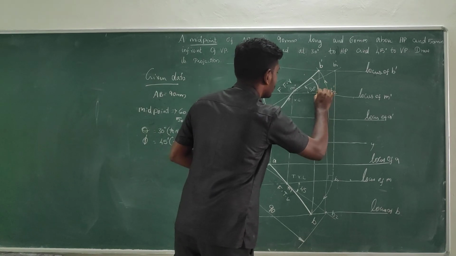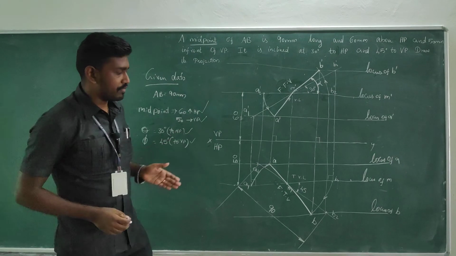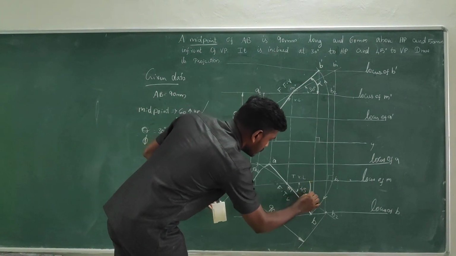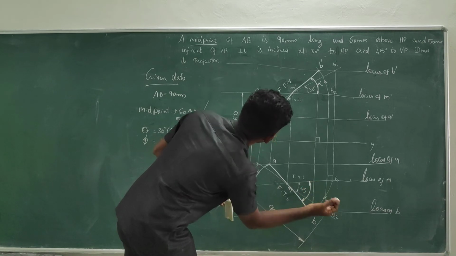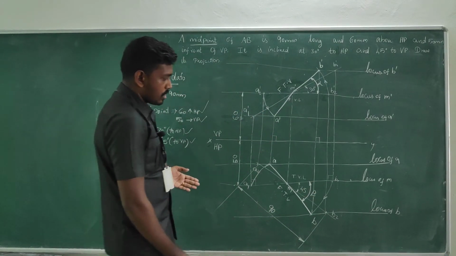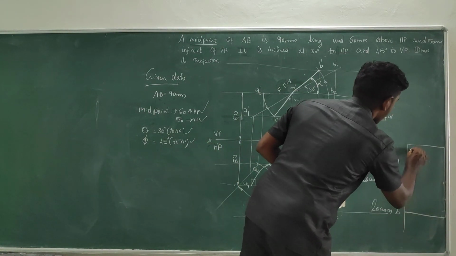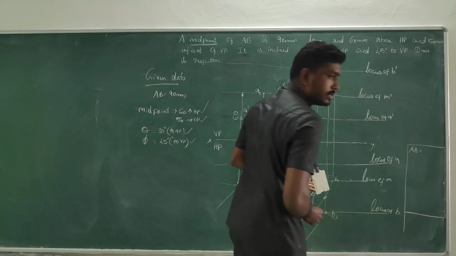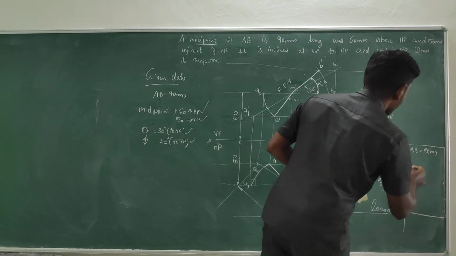This is the measurement of alpha, the apparent angle in the front view, and this is the measurement of the apparent angle in the top view. That means beta, right? So take the information regarding true length. So here 90 mm, the question itself mentioned.